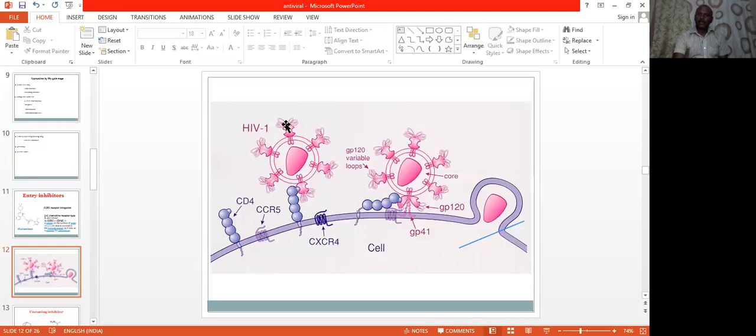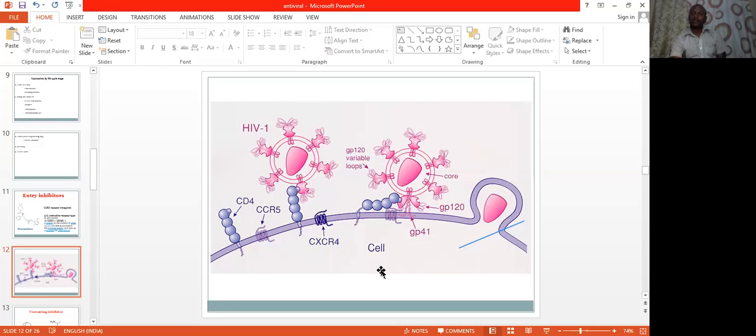So while entering the host cell, the virus first binds with the CD4, and after binding to the CD4 there is a conformational change in the CCR5. Once the conformational change is there, the virus binds to the CCR5 and then diffuses.